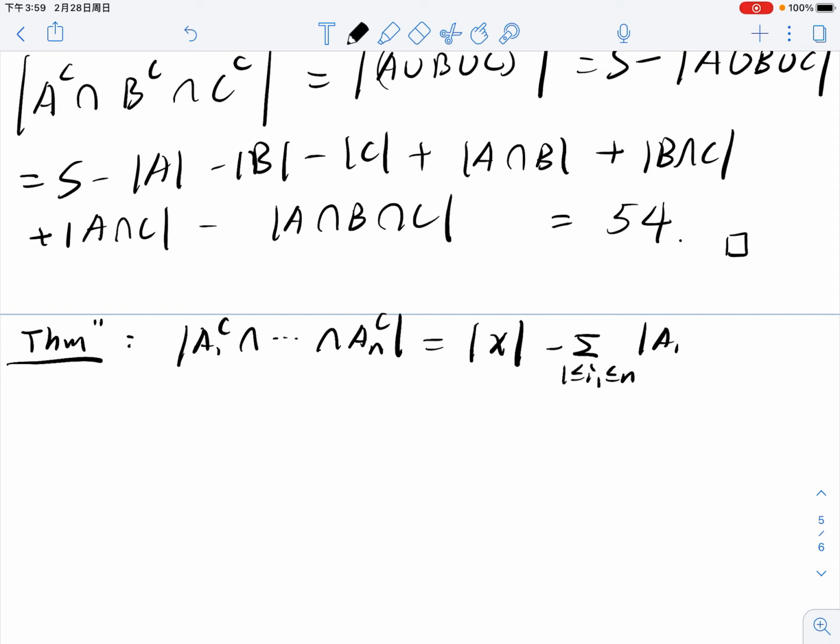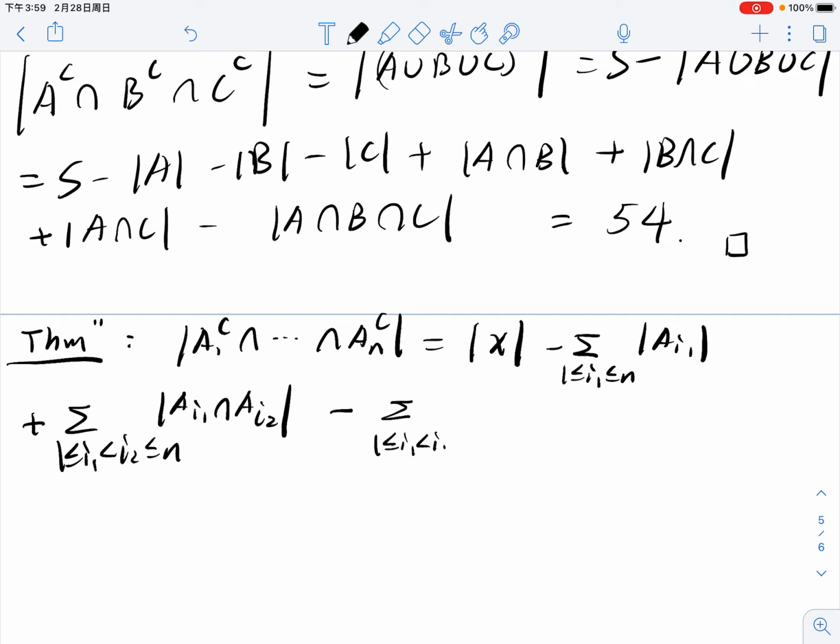Or if you plug in the formula, you will have this. I suggest you at least write down this formula once. That's a good exercise to practice how to organize the sigma symbol in your formula.